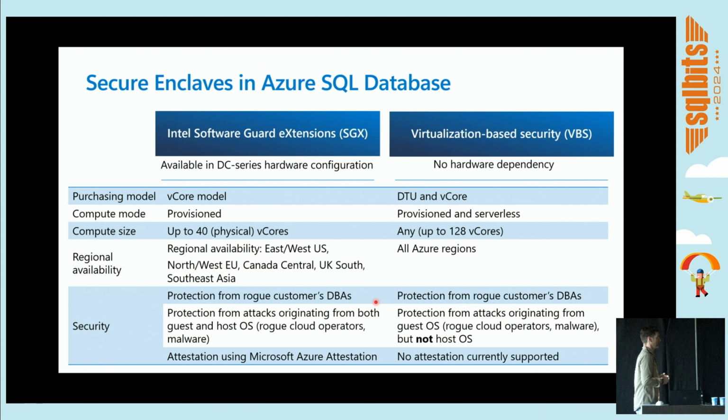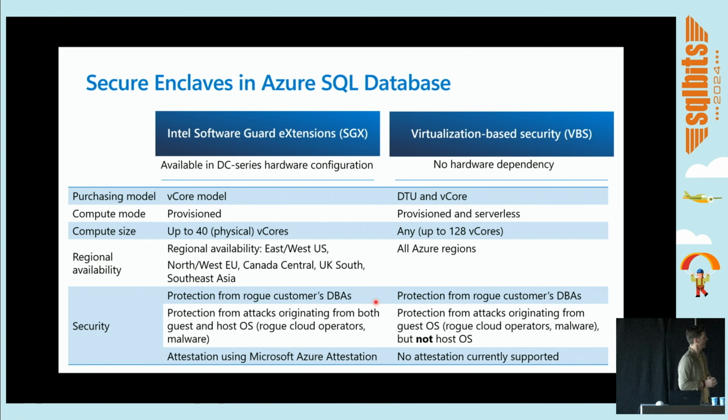When you configure that, under the covers, we're going to create a virtual machine for you with that specific Intel SGX CPU. For VBS enclaves, you don't need any specific hardware, so you can choose whatever database you like. It's just a setting that you need to switch on, like, hey, I want to use VBS enclaves. Easy peasy.